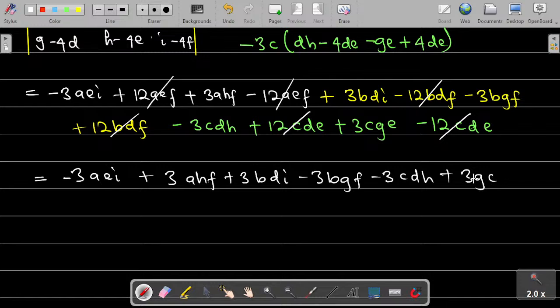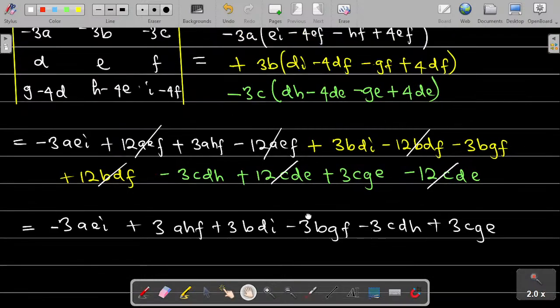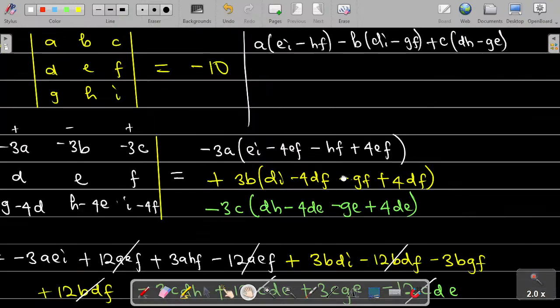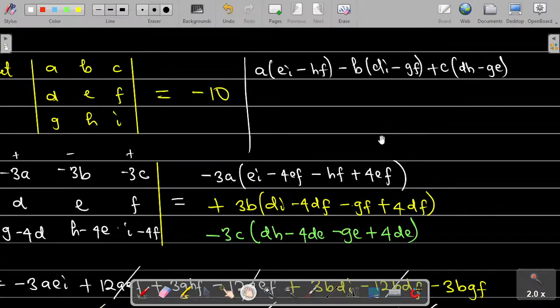Okay, or GCE, anyone. Okay, or CGE. All right, so you can see we have about 6 terms here, which will correspond to the number of terms we have here, which are also 6 if you open up this.